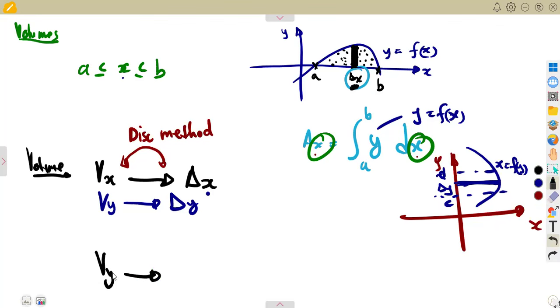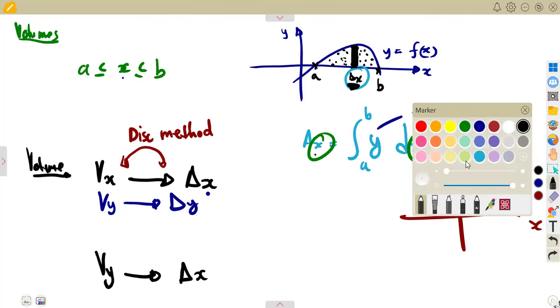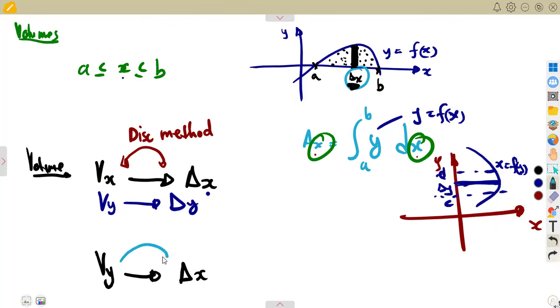is for x. You'll be asked to calculate the volume about the y-axis, and you're wondering how, because the strip that I'm having there is for x. It's no longer corresponding to what I'm used to. Whenever you see this case happening, that is where you use the shell method.